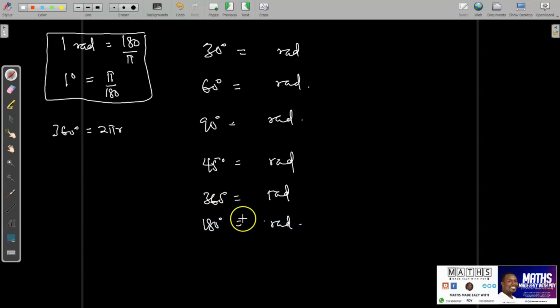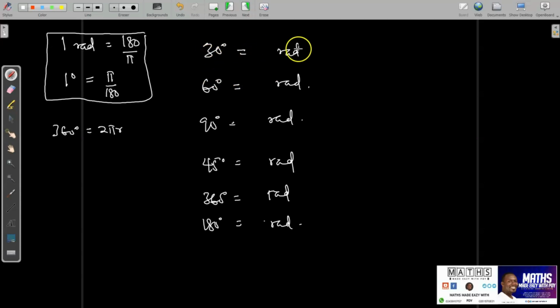So the question now is, if I'm given 30 degrees and I'm asked to find the answer in radians. But let me give you a clue here. Whenever they want the answer in radians, automatically pi is going to be introduced in the question or the solution. You always see pi on board. So this is how you go about it.